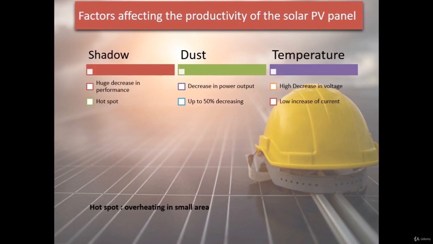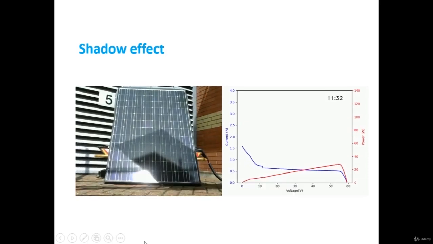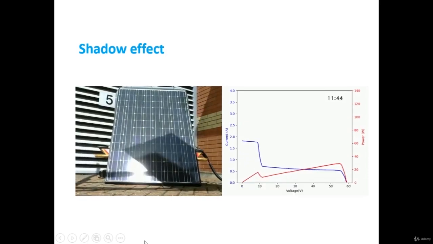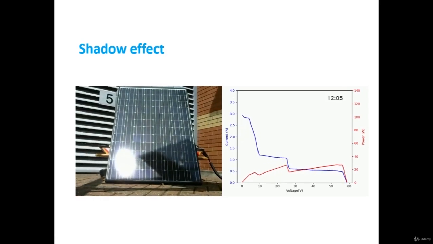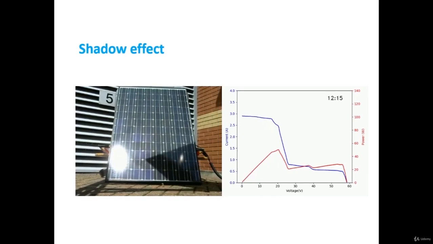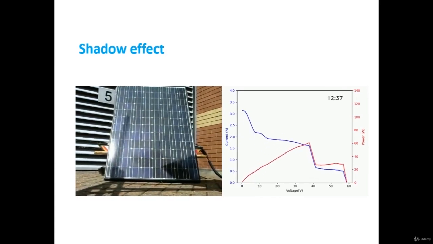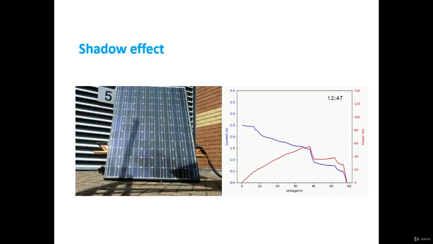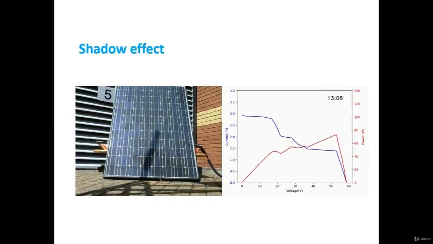Here we have the shadow effect on the solar panel. As you see, the IV curve and the maximum power point tracker track the maximum point that we can get from the PV panel. As you see, the shadow affects the power output significantly, even if the shadow is small.